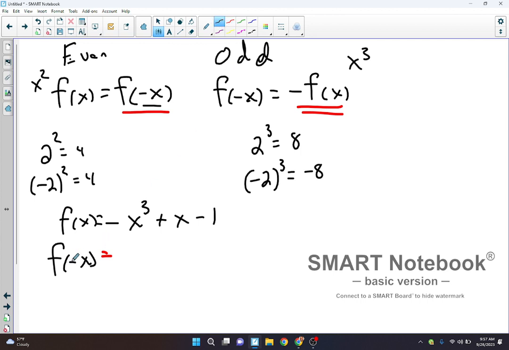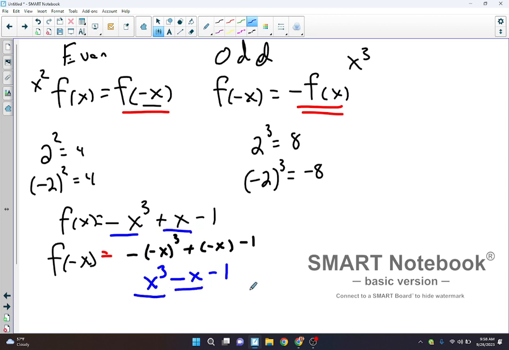In this case, if I plug in a negative x, so negative x to the third plus negative x minus 1. Negative x cubed is still negative, correct? So that's going to be a positive x cubed minus x minus 1. So in this scenario, here and here is a negative flip, which is good.